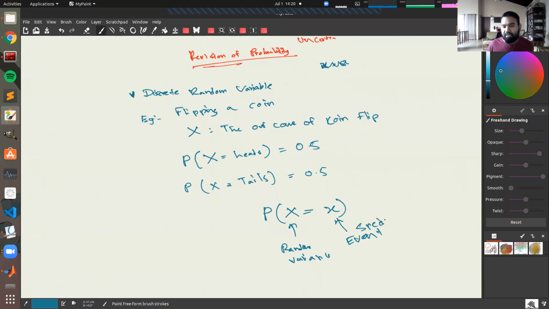So what's the probability that my outcome of the coin flip is heads? That's what this probability is telling us. P_X of x. Another way this is abbreviated usually is, instead of writing X equals x, sometimes they straight away write p of small x. Both mean the same thing. Whatever notation you use, when you see this in typical textbooks, you can use either notation. Okay, is that clear so far?